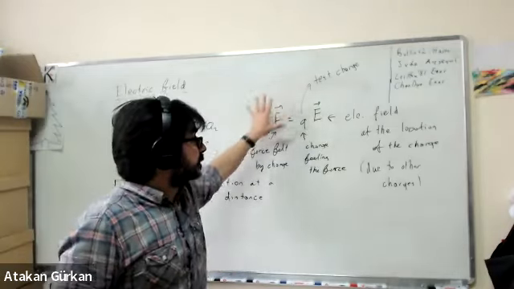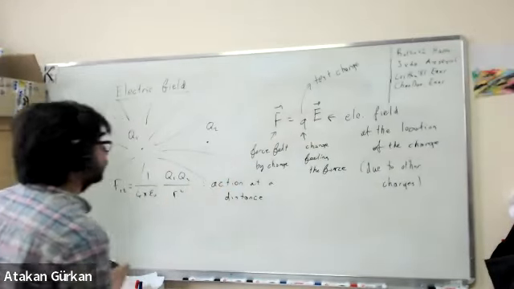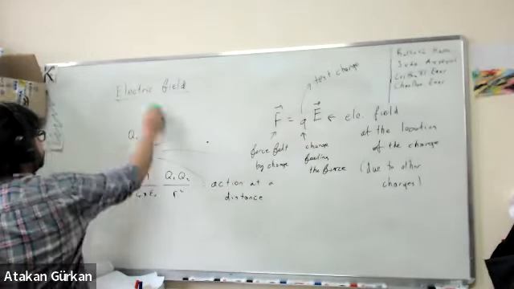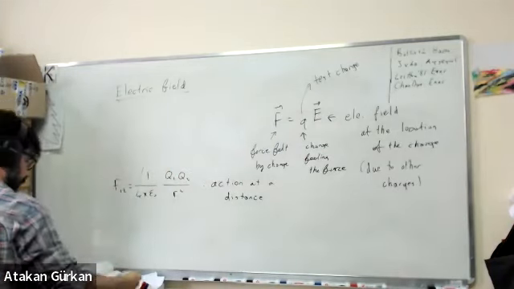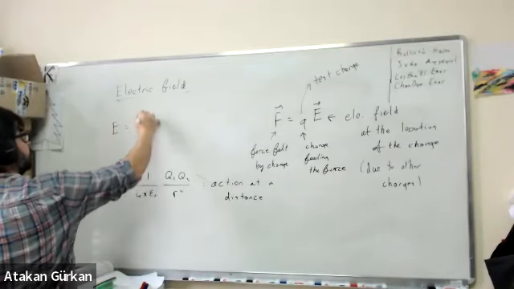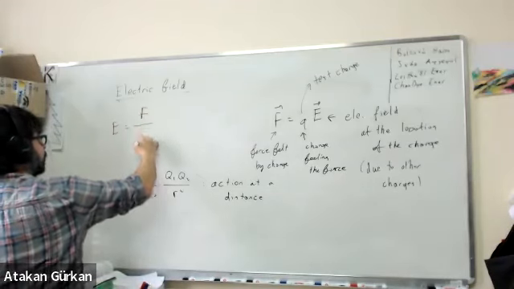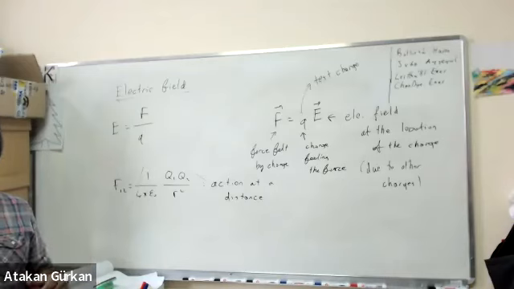Now you can take this and turn it around and write an expression for the electric field. And of course, the magnitude of the electric field is going to be the magnitude of the force divided by the charge. And let's assume that there is just one additional charge, because we want to produce the electric field produced by a point charge.